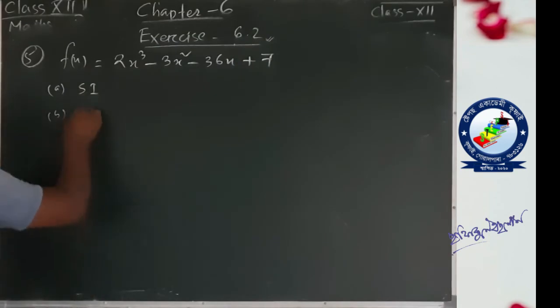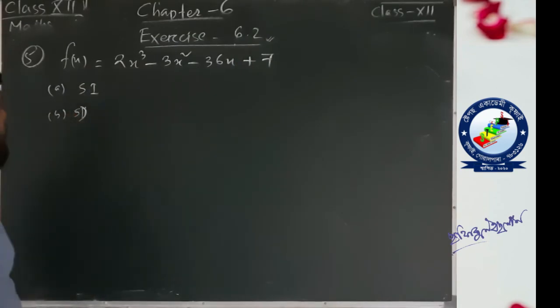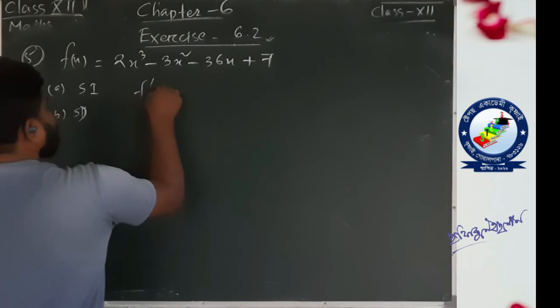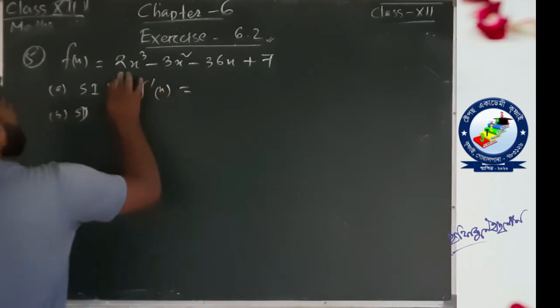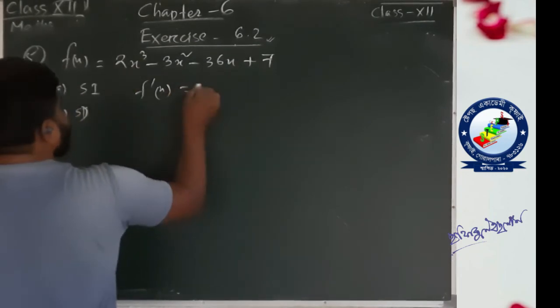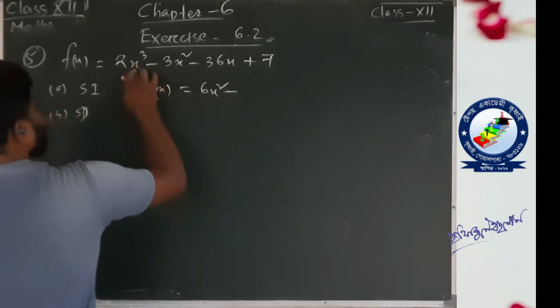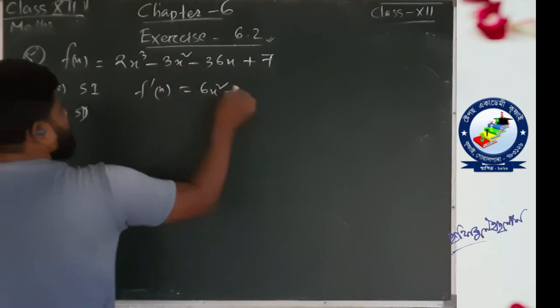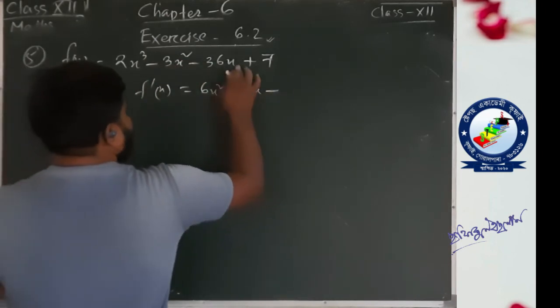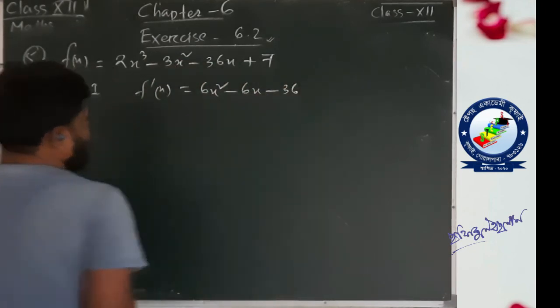We have to find the interval. So since we have to find f dash x, f dash x will be ddx of this: 6x square, then 3 into 2 is 6x, minus 36, and this is 0, that's it.